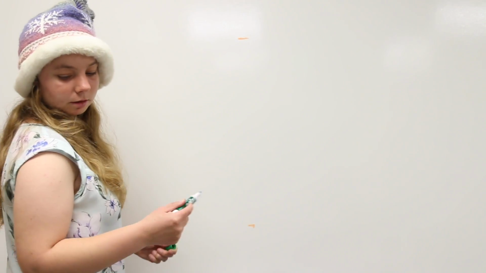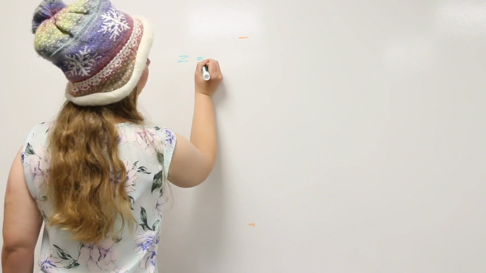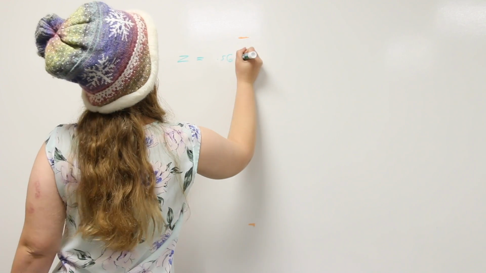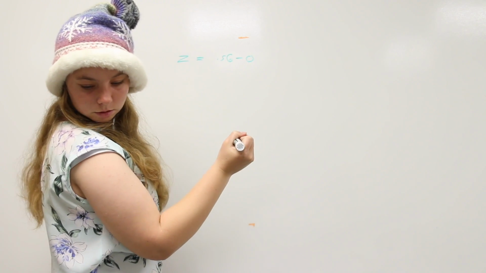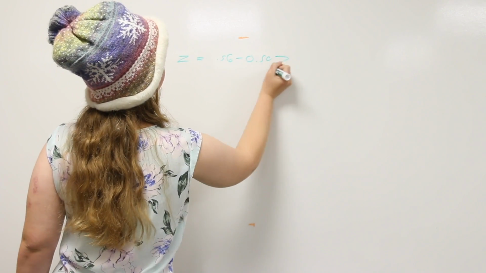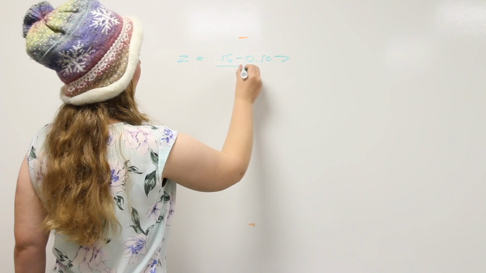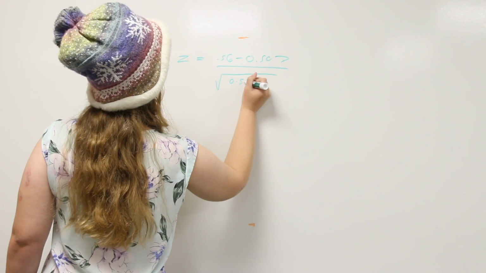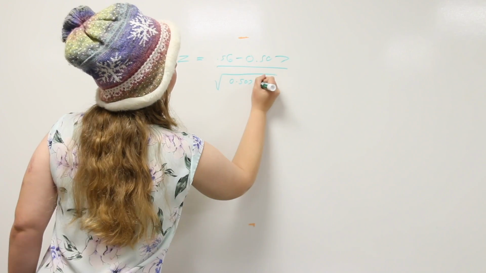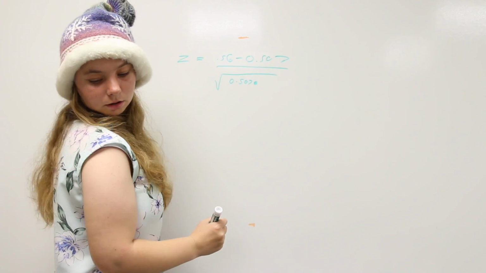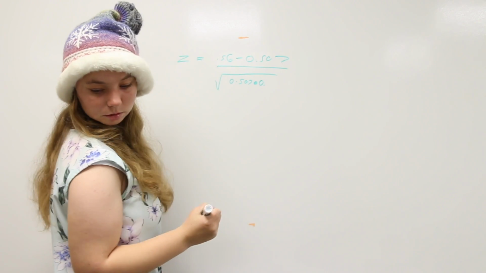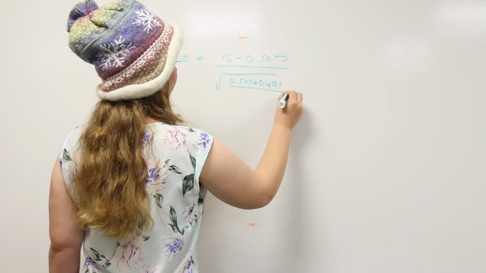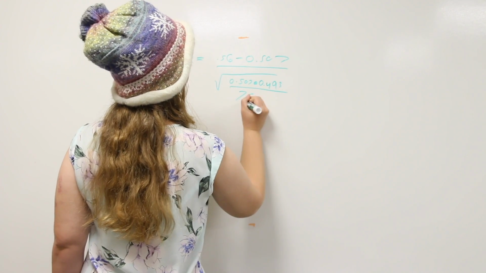Now our formula is going to be z equals 0.56 minus 0.507, divided by the square root of 0.507 times 0.493 divided by 750.